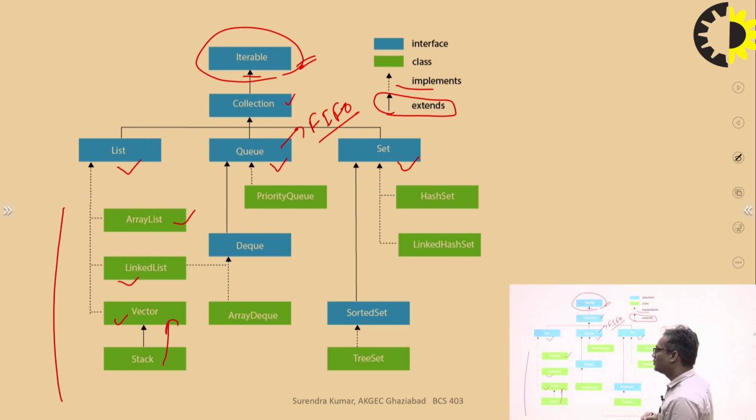So if you are using such a kind of data structure, first in first out, that is considered a queue, and queue has two different classes and one interface. The classes are priority queue and array DQ. DQ means double ended queue.